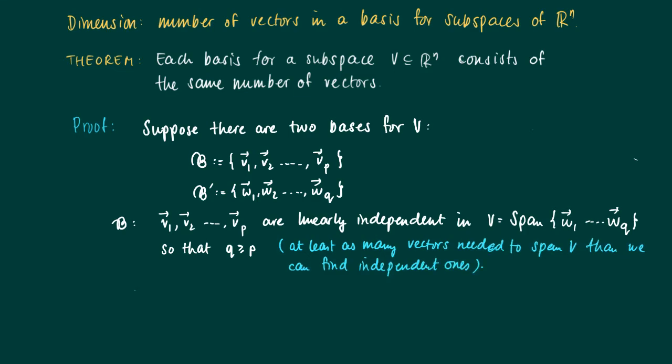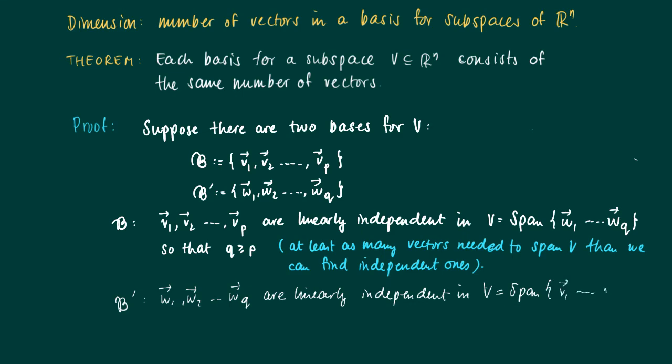If we would have started the reasoning with beta prime, then we would have concluded that we have q linearly independent vectors in V, because beta prime is a basis, so its vectors are linearly independent. And we have that V is spanned by v1 to vp, so that in the same way we conclude that p should be at least as large as q.